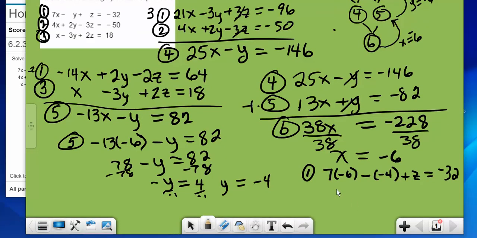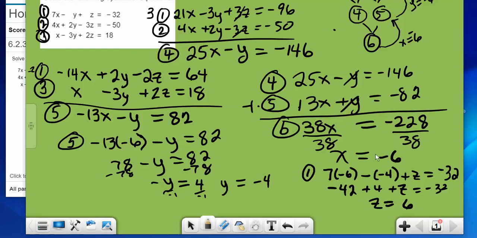So we get negative 42 plus 4 plus z equals negative 32. So that'd be negative 38, and then we're going to add 38 to both sides. So that will get me 38 minus 32, 6.